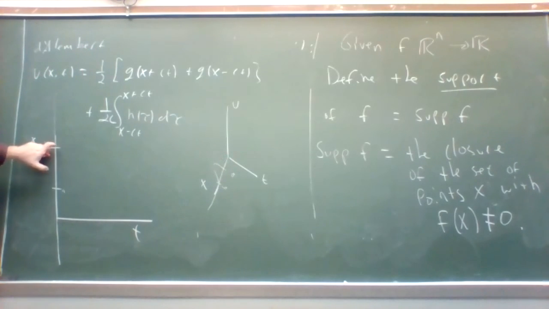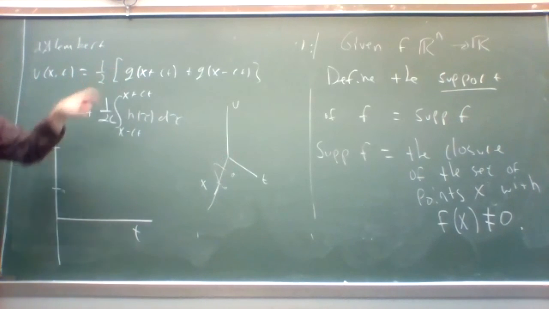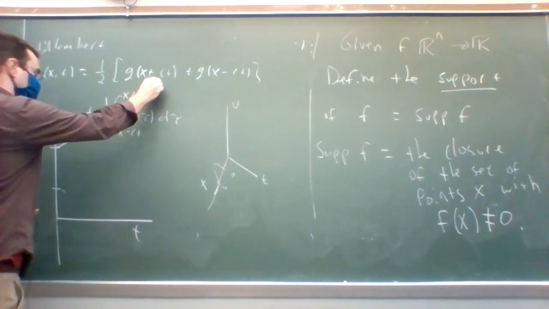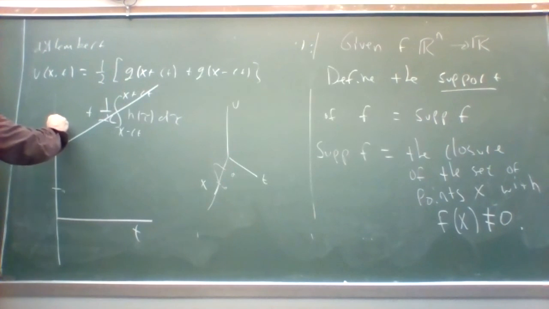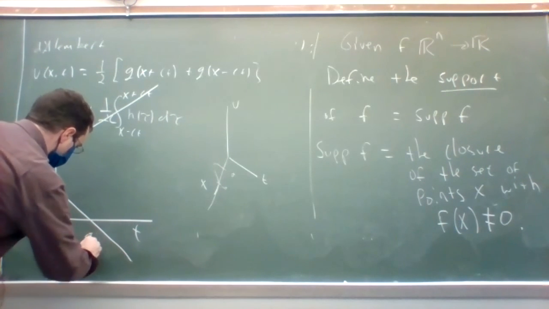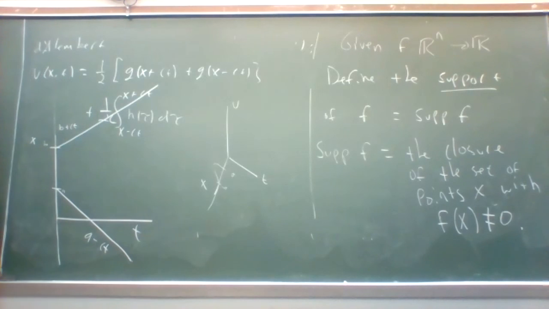So if you look at the set of values in the domain where this formula can be non-zero, it looks like this. You draw this line, which is b plus ct, and you draw this line, a minus ct.